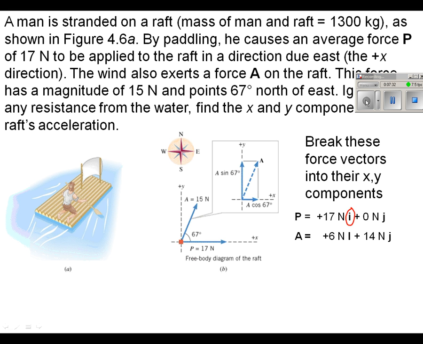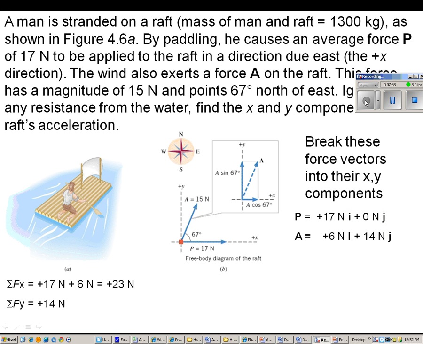And we have 0 newtons in the j direction, which means the y direction, which matches up with this vector right over there. And the A force, you break that up and you get 6 newtons in the x direction and 14 newtons in the y direction. So we're going to go ahead and add up the forces in the x and add up the forces in the y.